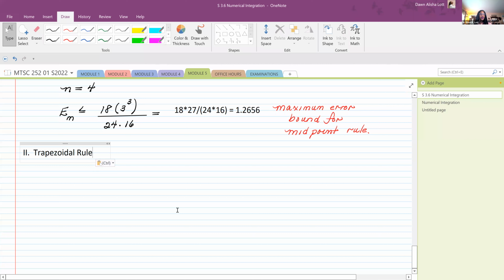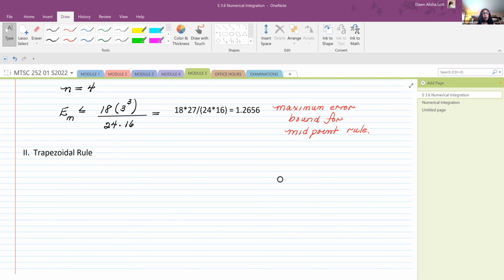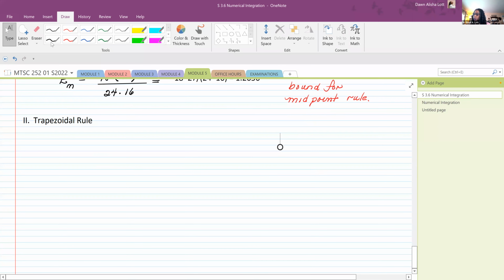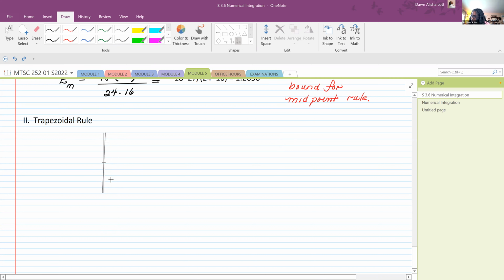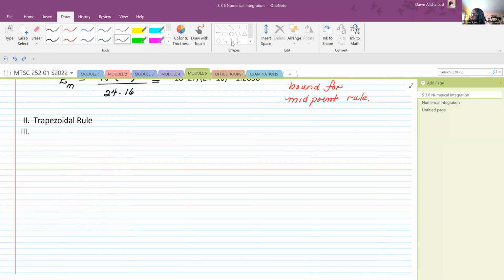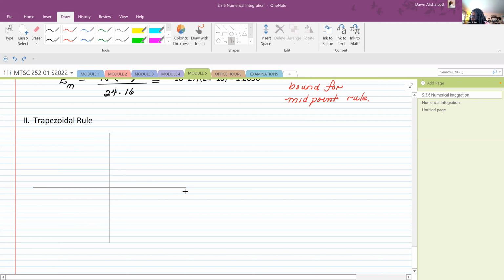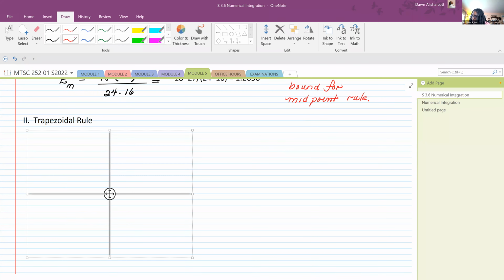The trapezoidal rule is going to be based on finding areas of trapezoids. Okay. So I'm going to draw a picture again. I want that black or gray. Okay, so I'm going to draw another function.